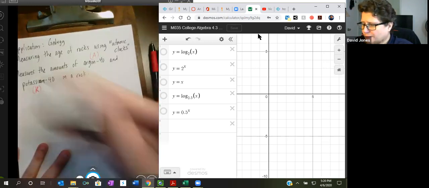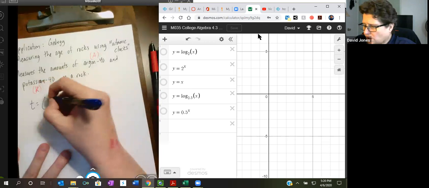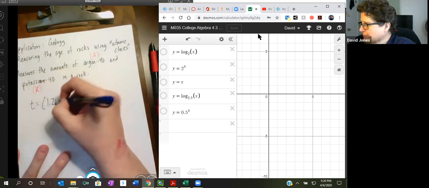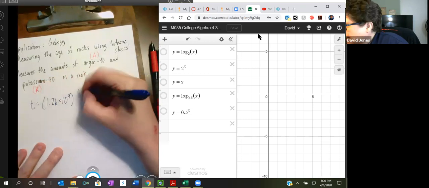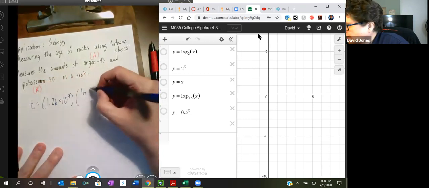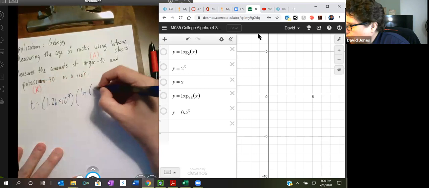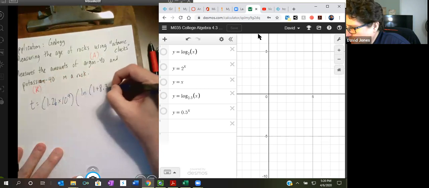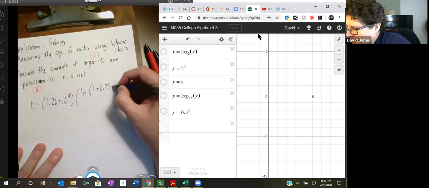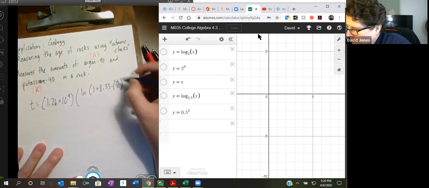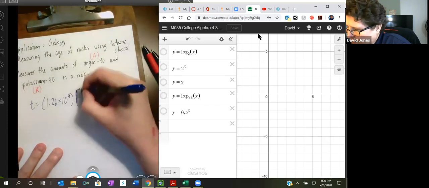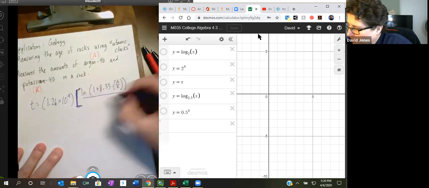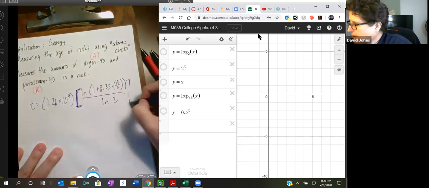And they give the formula time equals 1.26 times 10 to the 9th times the natural log of 1 plus 8.33 times A over K. So that's inside the natural log, I'm going to make that a bracket, all over the natural log of 2.